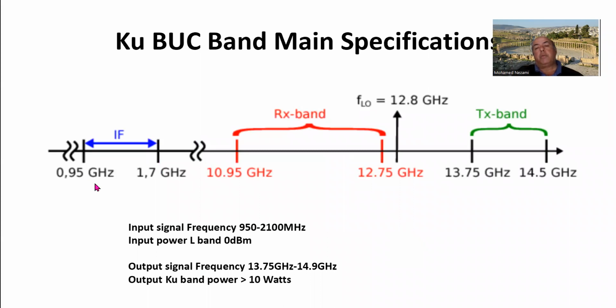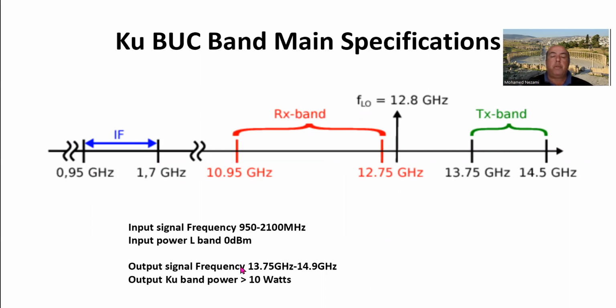So again, the frequency allocation of Ku band communications, as you can see here, just to draft some rough specifications for the BUC, the block up converter, we start out with the receive and transmit bands. The receive bands we covered previously in the other video.